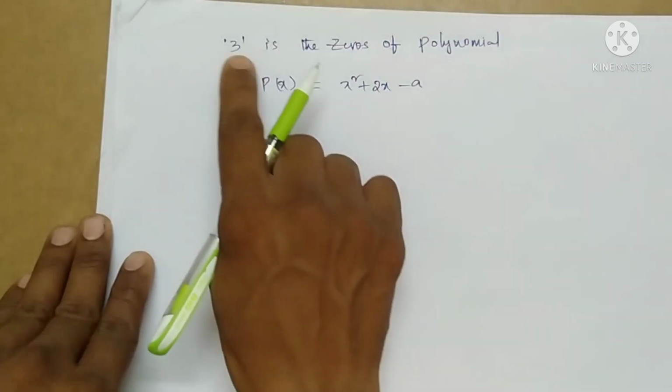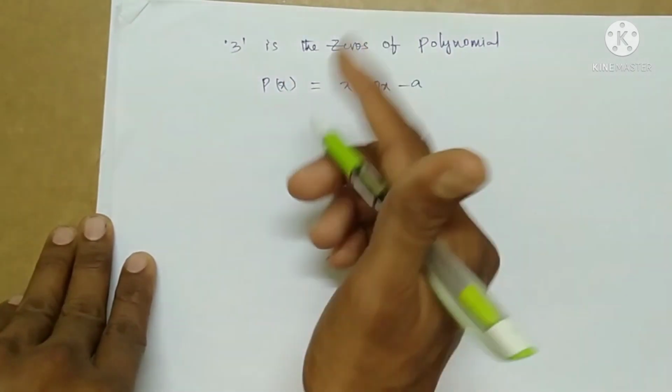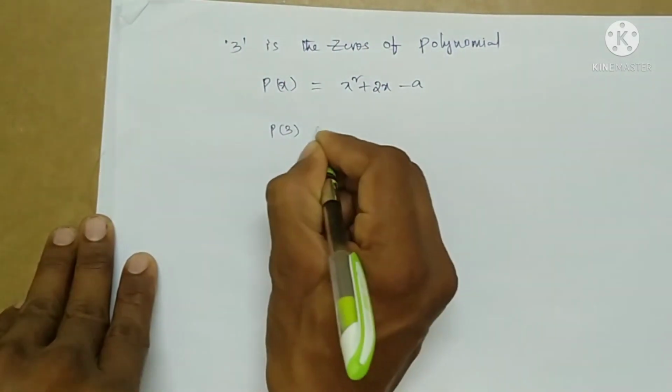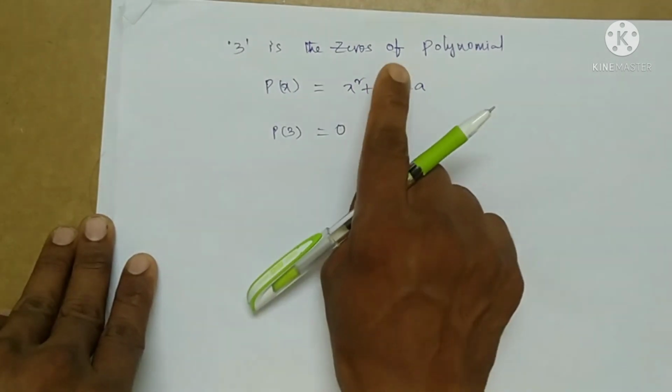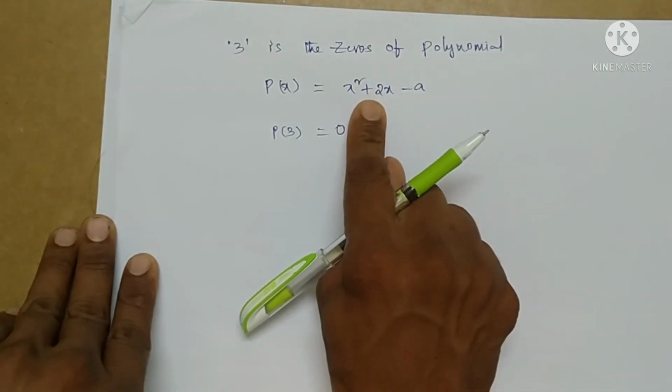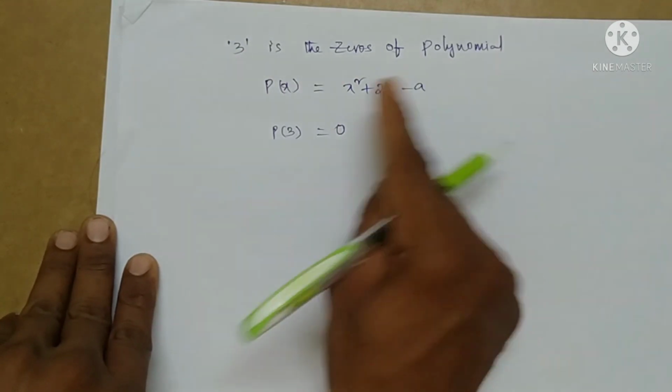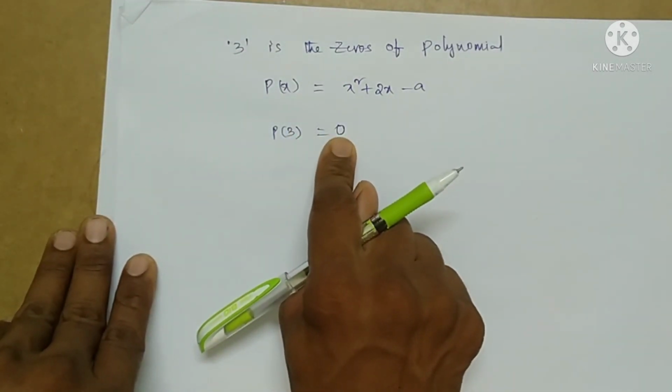So here p of 3 is equal to 0. Why? Because 3 is already given in our question: 3 is the zero of the polynomial x square plus 2x minus a, which means p of 3 is equal to 0.